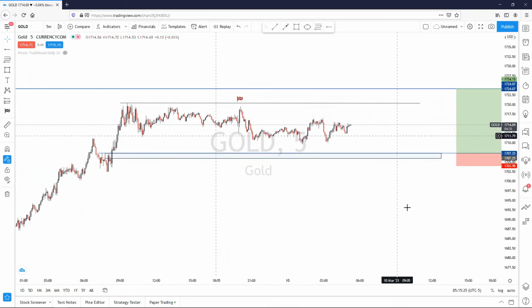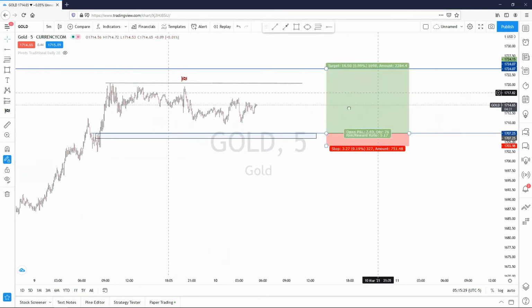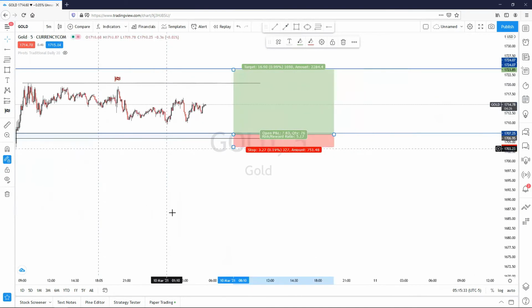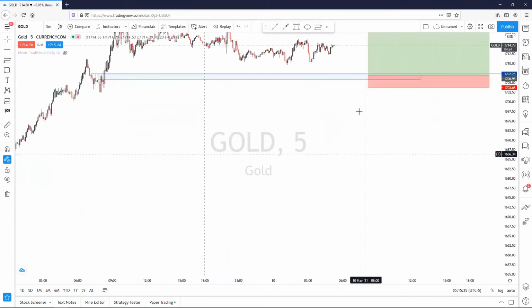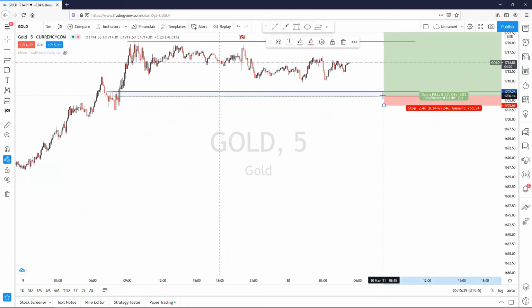I'm going to move this so we get a more precise entry on the lower time frame with a shorter stop. Our entry is going to be at the second half of this, the border right here, and our stop just here.